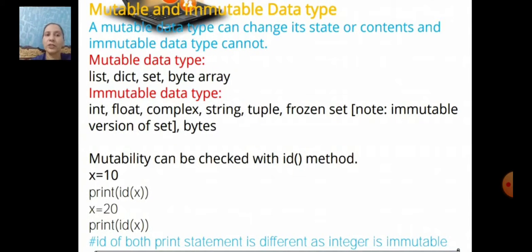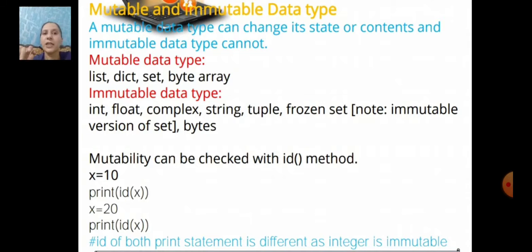The data types are also of two kinds: mutable and immutable. A mutable data type can change its state or contents. An immutable data type cannot.